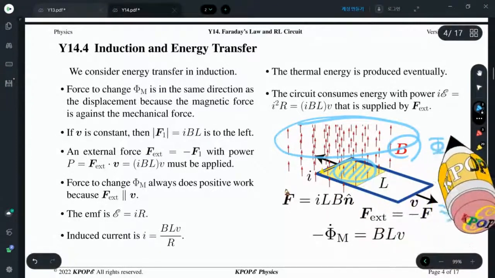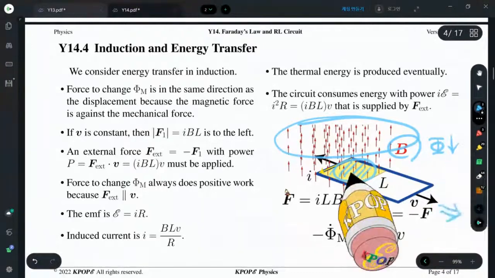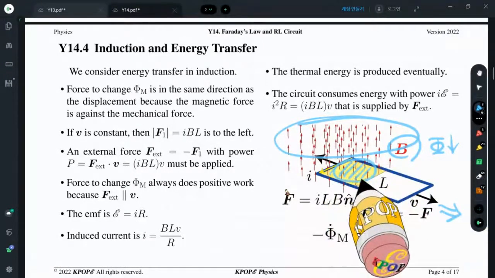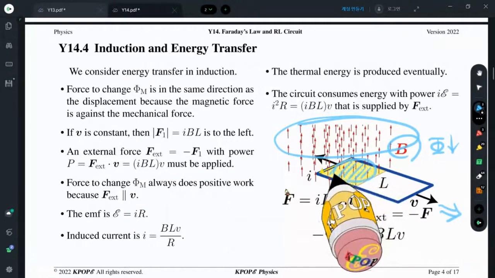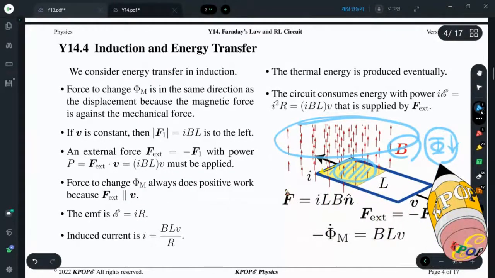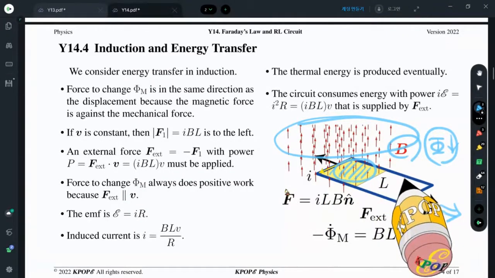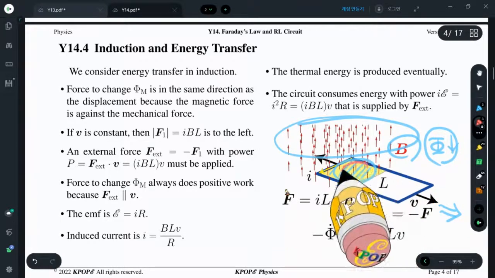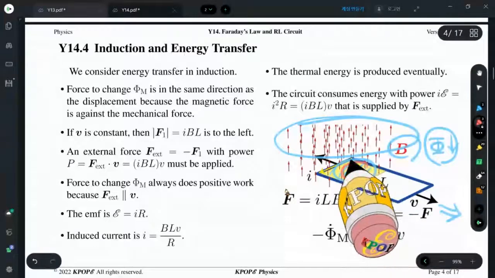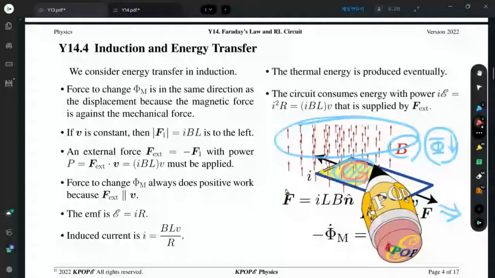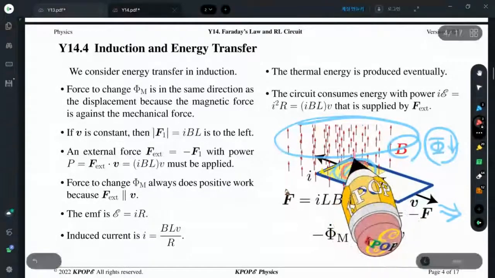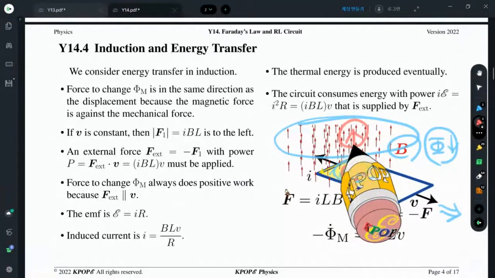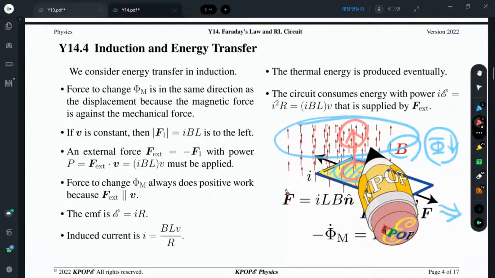So phi decreases. Lenz's law states that it would like to increase the lost amount of the magnetic flux. How can it do that? Create a current inside the loop, then it will produce the magnetic field that fills the gap.